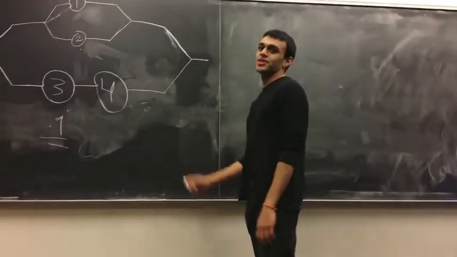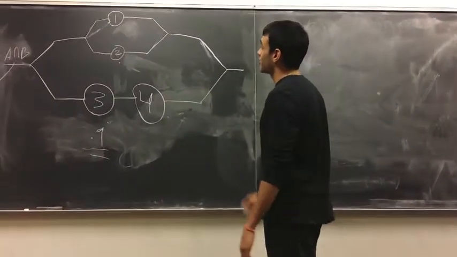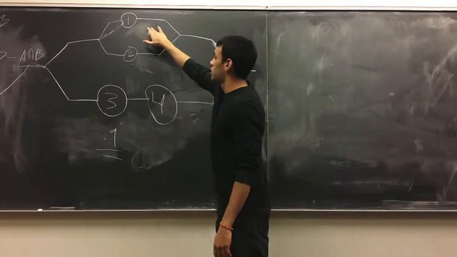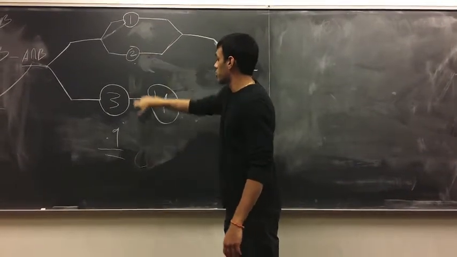All right, thank you, Sahab. So what we have, as Sahab mentioned, is 3 different ways that it can work. You can go through just 1, or just 2, or 3 and 4.